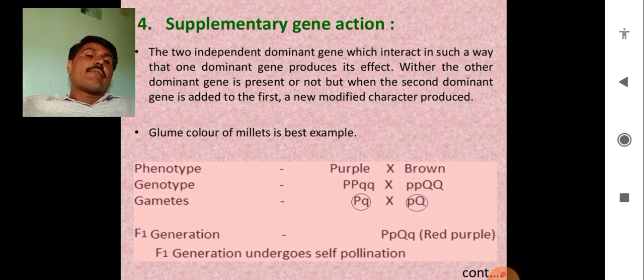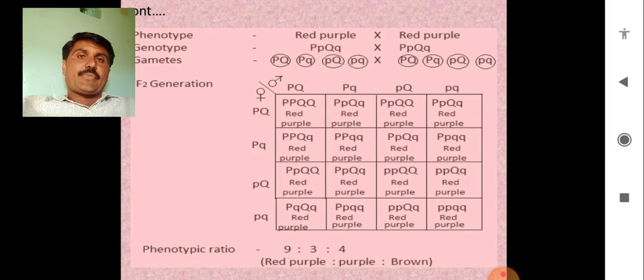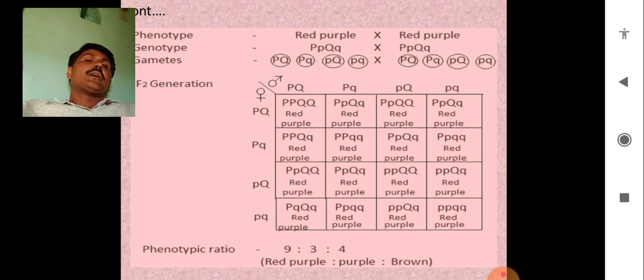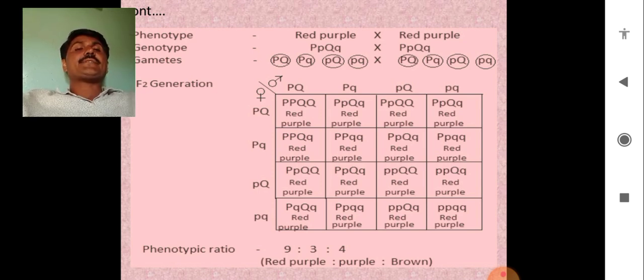Now we allow the F1 generation to undergo self-pollination. What will we get in the F2 generation when red purple is crossed with red purple? In the Punnett square, from the left hand side we see the female gametes, and from the top the male gametes. Capital PQ crossed with capital PQ, we get the red purple.